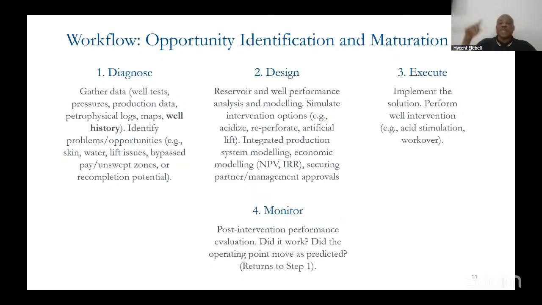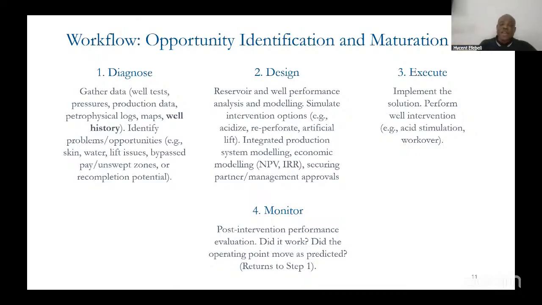Then you also do economics at this stage, then secure your management's approval to go for this opportunity, because they are the ones that will pay for the intervention. So either JV or your own management, get their buy-in, then you execute. So execution, part of it is prepare your proposal, then get a good vendor that knows what he is doing to carry out these operations for you.